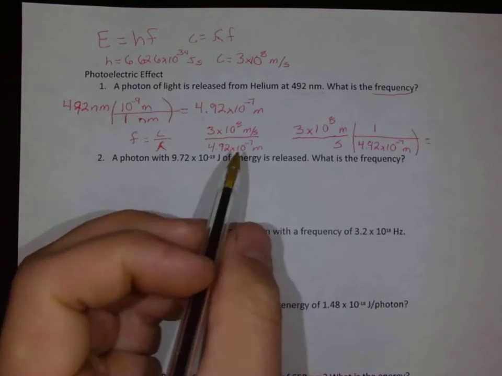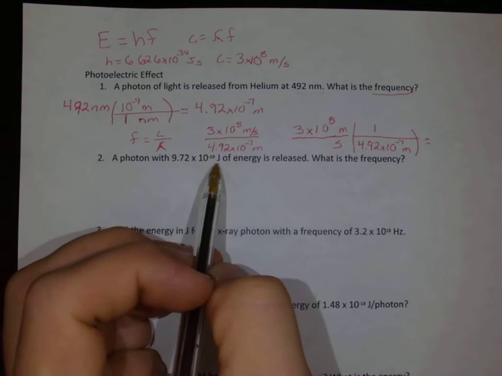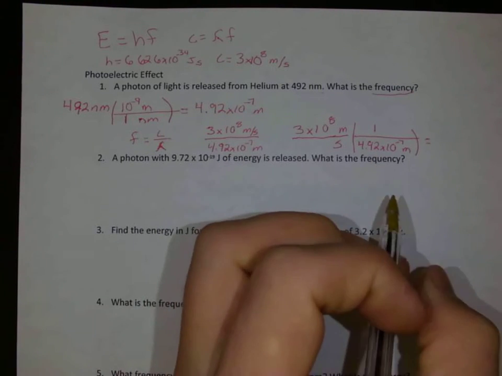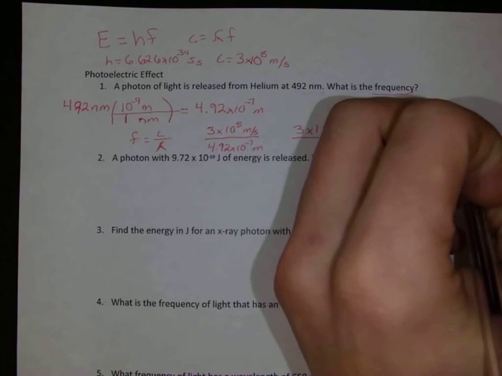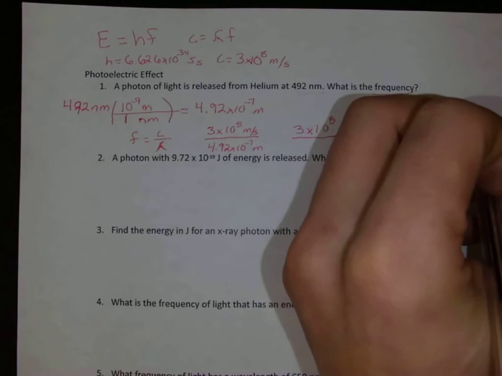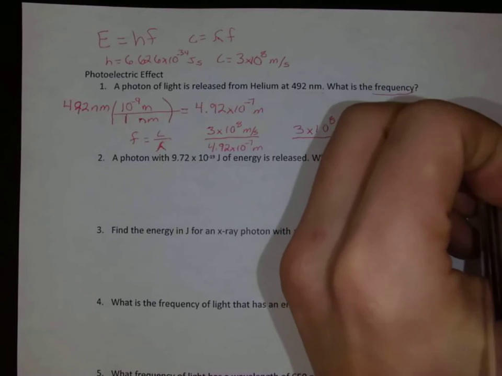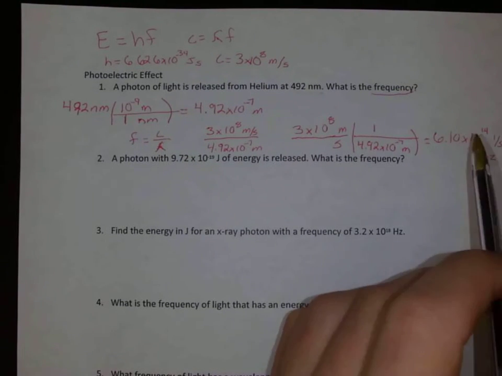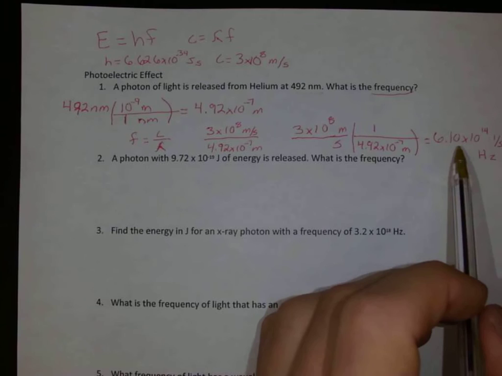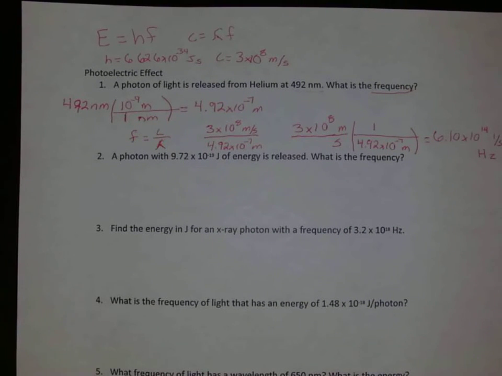If I then do my calculation, 3 times 10 to the 8th divided by 4.92 times 10 to the minus 7th, that's going to give me 6.10 times 10 to the 14th per second, which is the same thing as hertz. So my answer, my frequency, is 6.10 times 10 to the 14th hertz.